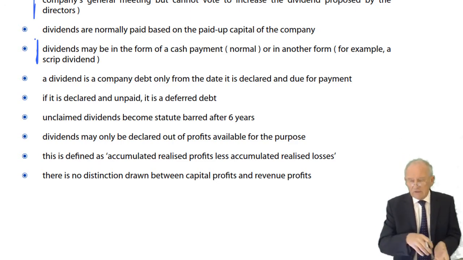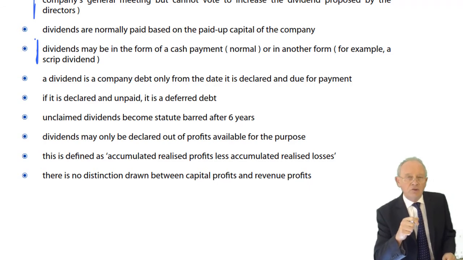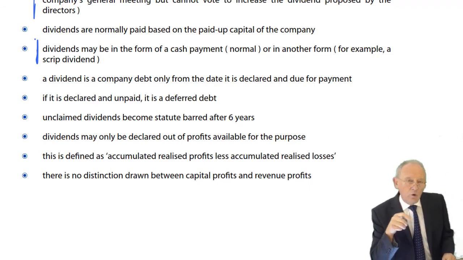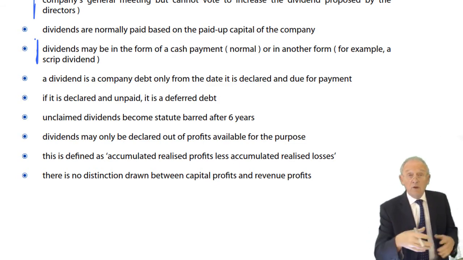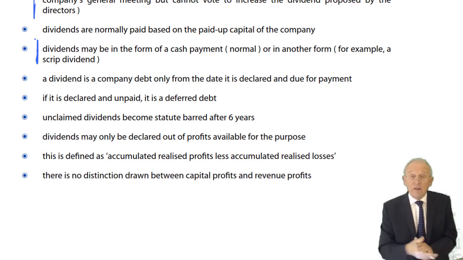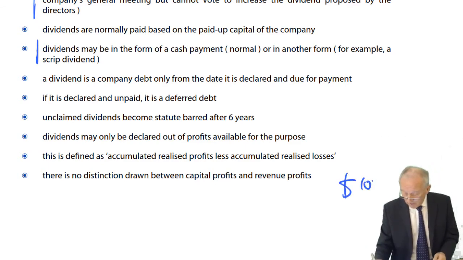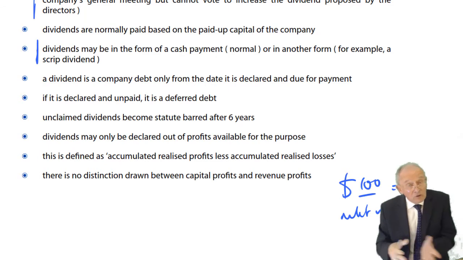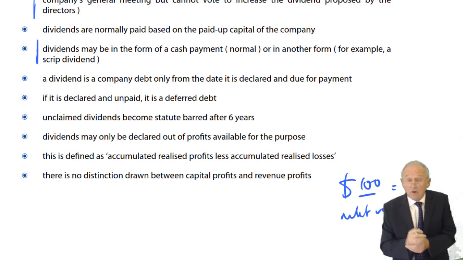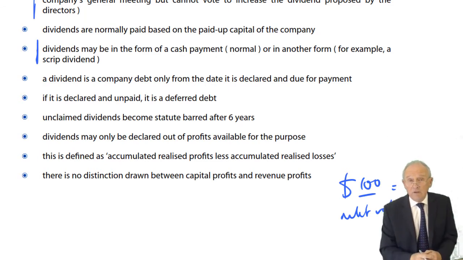So if you were entitled to, say, $100 worth of dividend, you may opt to receive shares up to that value. So that $100 divided by the market value would give you X number of shares, and you could receive those in exchange or instead of the cash dividend.